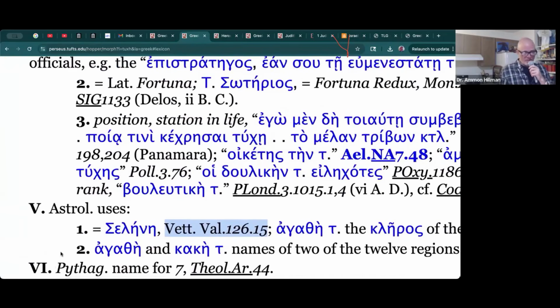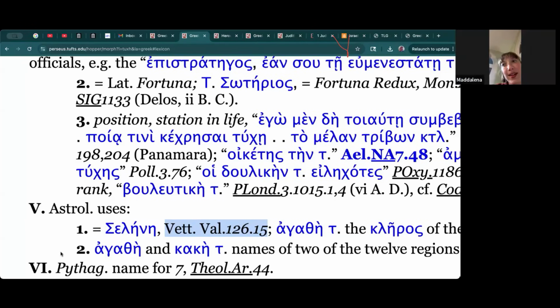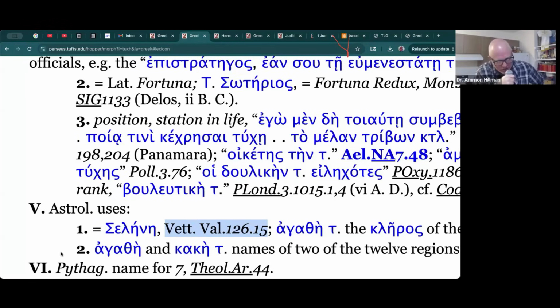Anyway, number 6, Pythagorean, it's the name for 7. It's the name for 7. Did you know that chance, the event that happens when you and your daimon come together, is the number 7? Have you read the theology of arithmetic?